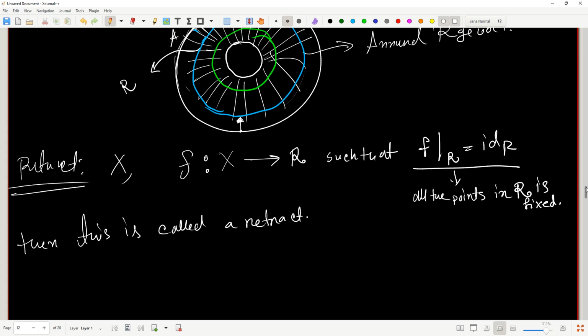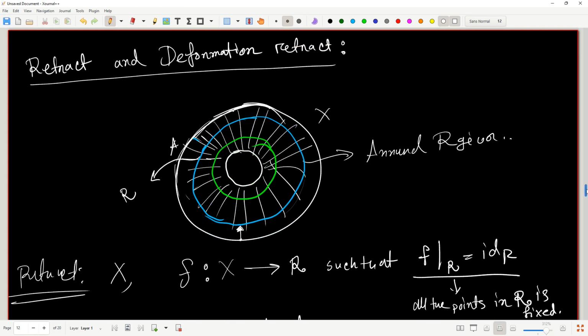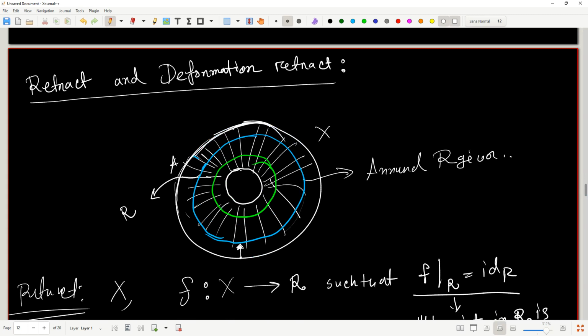So what does it mean? Let's try to see it again with the picture. So at first I can draw a disk like this with a hole inside it, and then on the disk I can specify this region that is denoted by the blue circle, right?